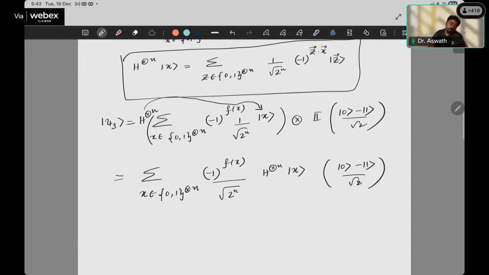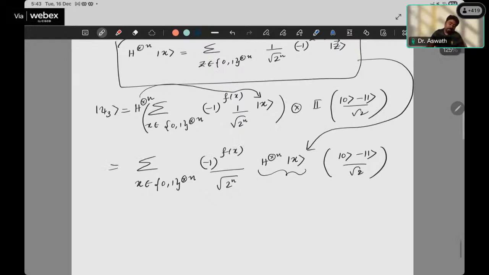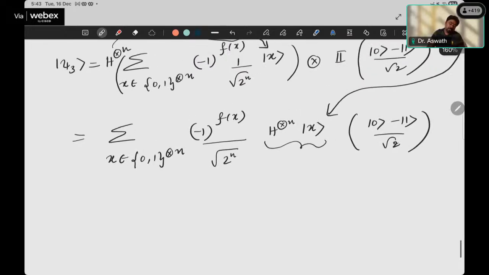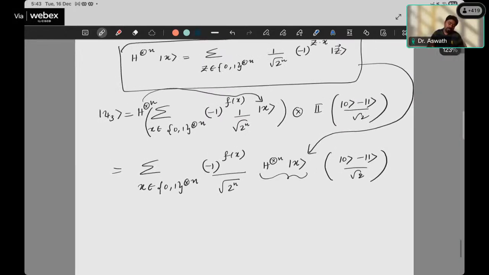Right now we have this term. Let me put it here. Now we have a very lengthy expression, so let me write it a little smaller. This is equal to the summation over x belongs to 0,1 tensor n of minus 1 to the power of f of x divided by square root of 2 to the power of n.